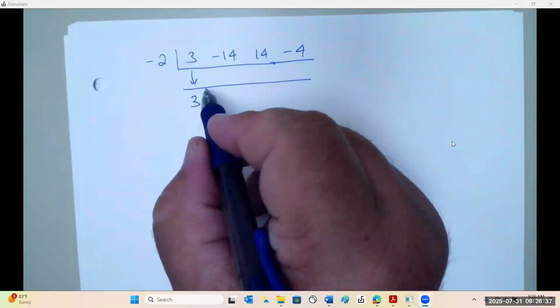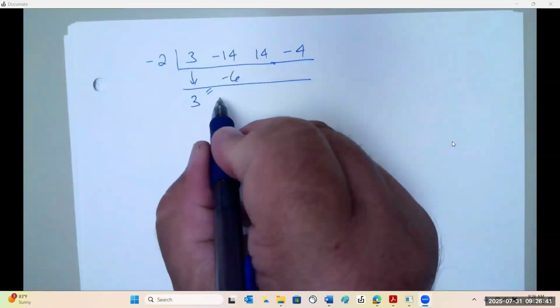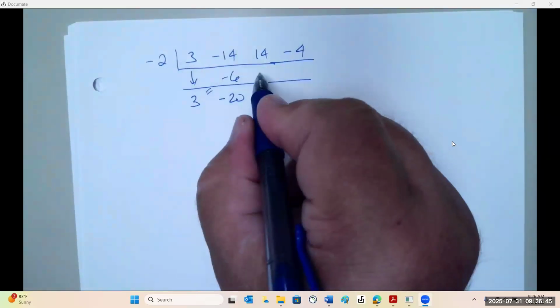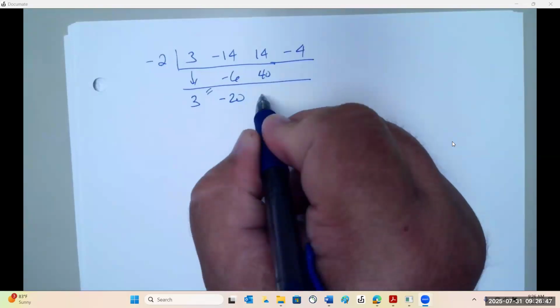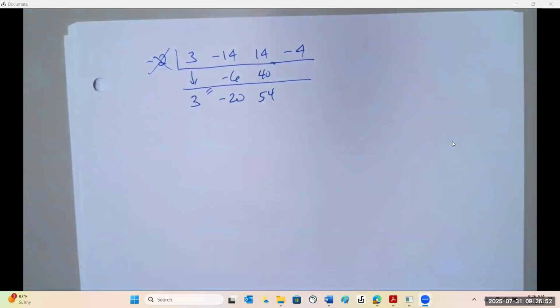Multiply. -2 times 3 is -6. -6 plus -14 is -20. -2 times -20 is +40. Nope, we're going the wrong direction. So we know -2 doesn't work.